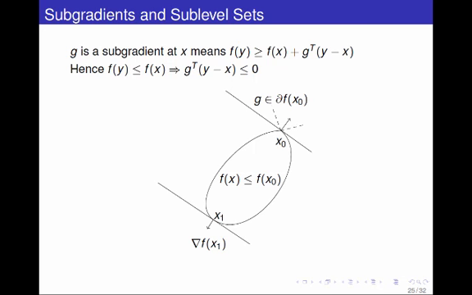By the definition of a subgradient g, this is the definition. If I stay on this hyperplane, I'm underestimating f of y. So, I know that if I move away from x to a new point y, and that point evaluates to something less than f of x, then this must hold. This implication is clear, hopefully, right?